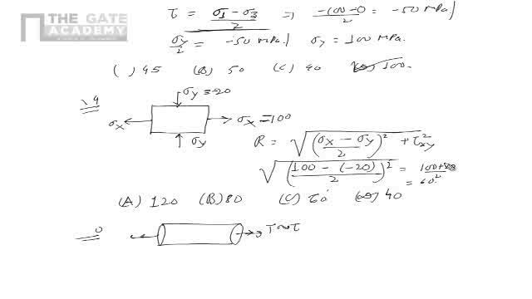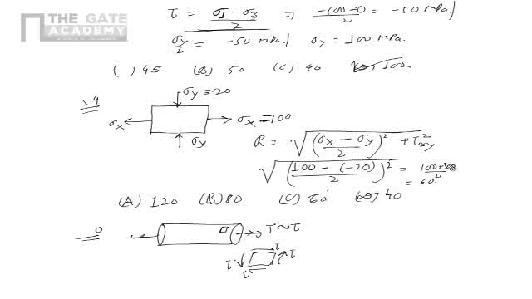Now let us see what happens. Let's say we take some element like this. That element is subjected to a tau, and because there is a complementary stress, that is also tau. This will be tau and this is tau, like that. So it's all pure shear condition.